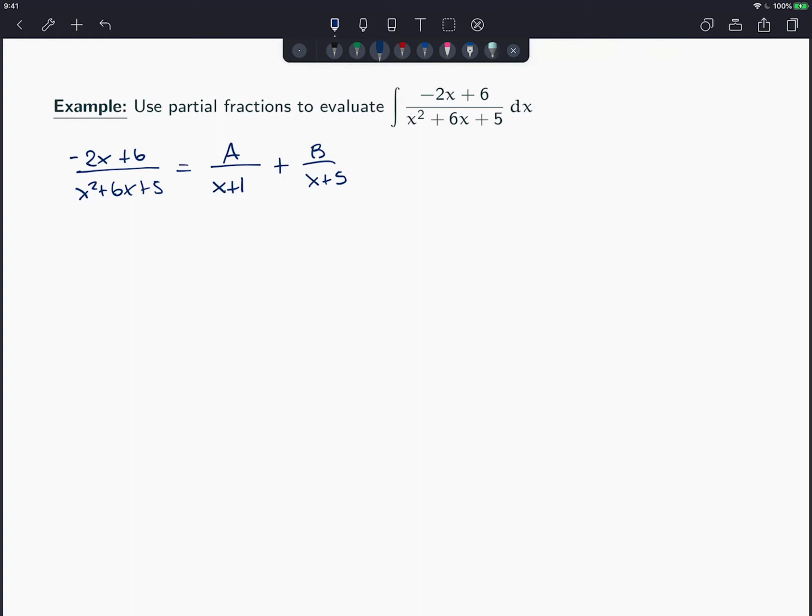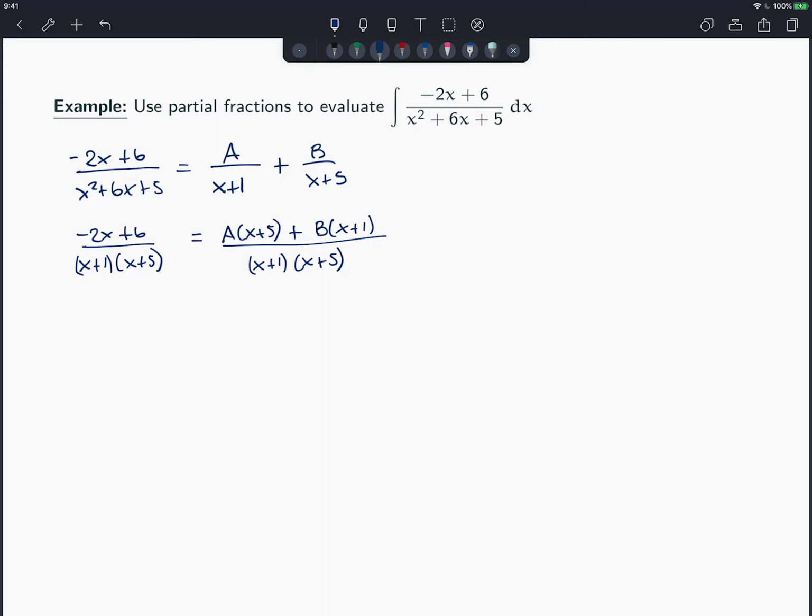Okay? So what I'm writing here is negative 2x plus 6 over x plus 1 times x plus 5. And over here, when I combine them, I get a times x plus 5. I will need to multiply by the other denominator in order to have them combined under one single denominator.